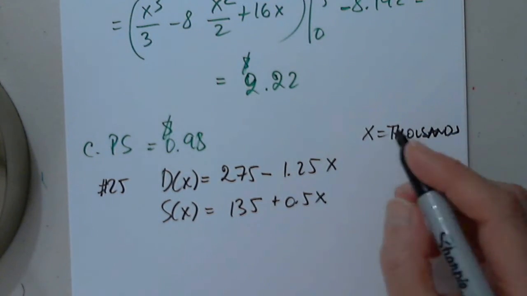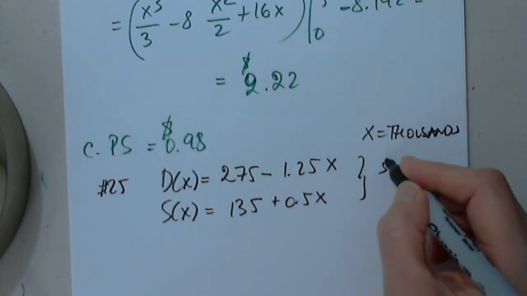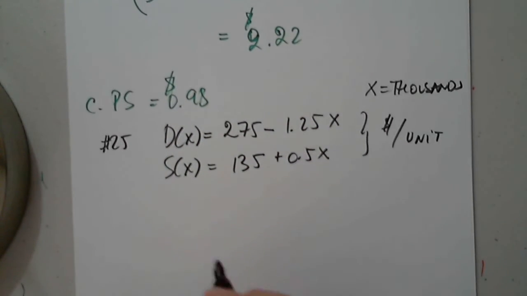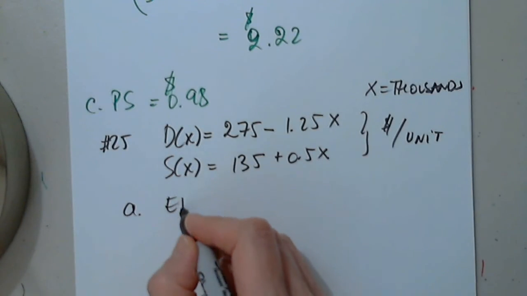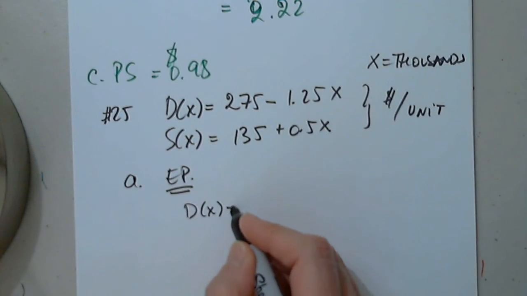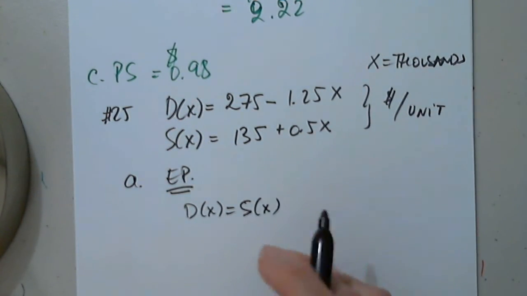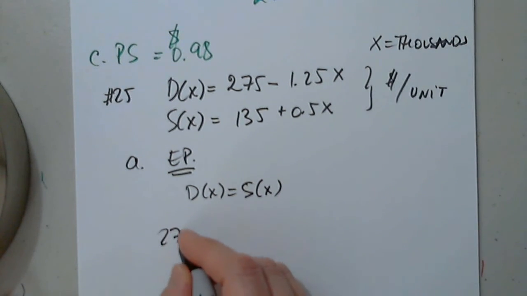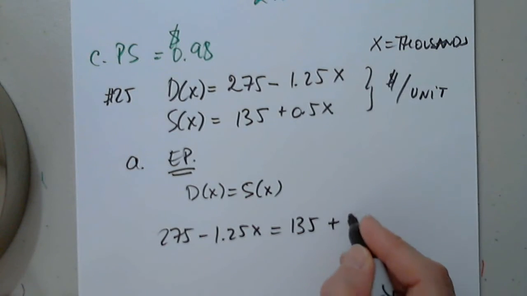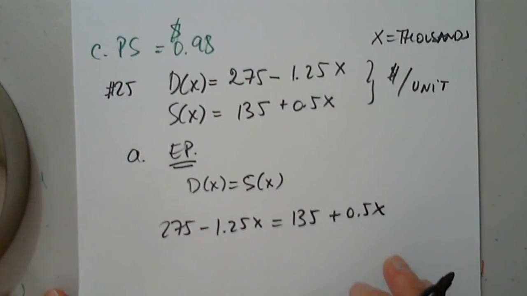And of course, these are in dollars per unit. Okay, find the equilibrium point. You already told me for the equilibrium point, we need to set those two equal to each other. So 275 minus 1.25x equals 135 plus 0.5x.